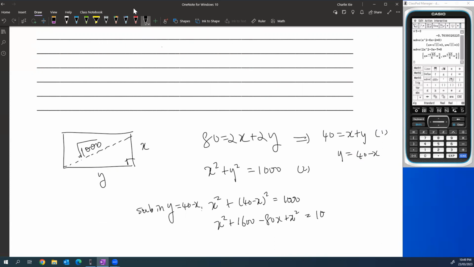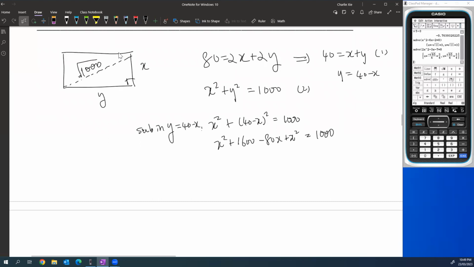This becomes 1000. All right, let's simplify. x squared becomes 2x squared, minus 80x, 1600, minus 1000, makes it 600, equals 0. Divide by 2.